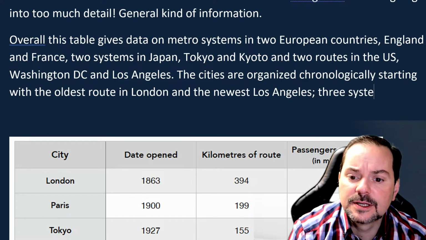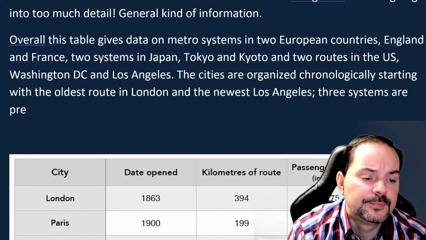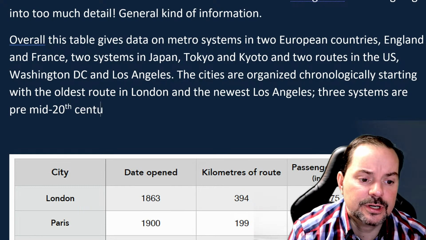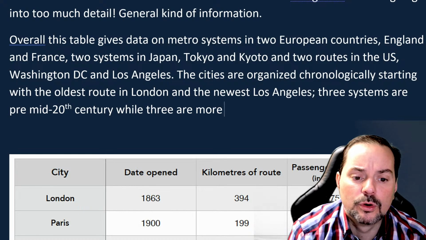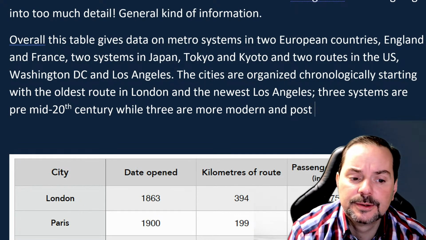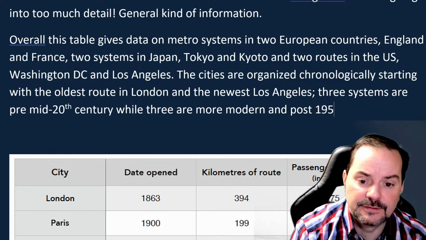Three systems are mid 20th century, while 3 are more modern and post 1950s.